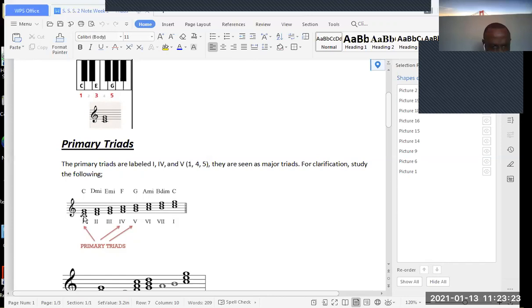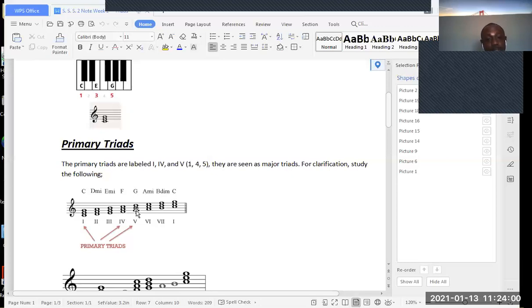The first set of notes that is called a triad is called 1. Then this one is called 4. Why is it called 1? It is called 1 because it is built on the first note. And this one is called 4 because it is built on the fourth note. And this is the fifth, because you can see the triad built on the fifth note. So 1, 4, and 5.